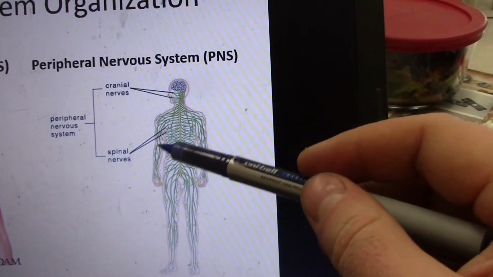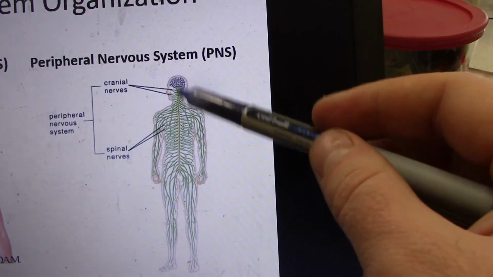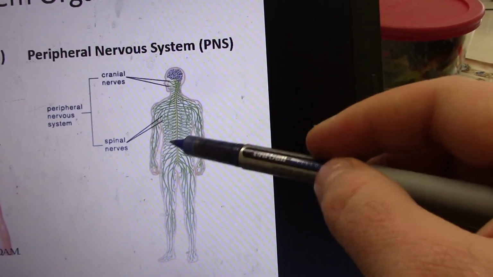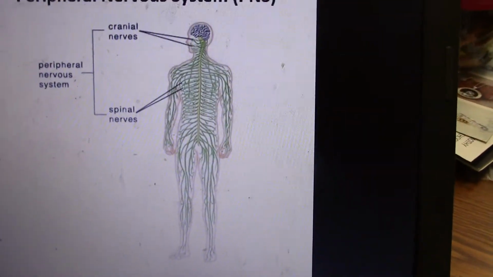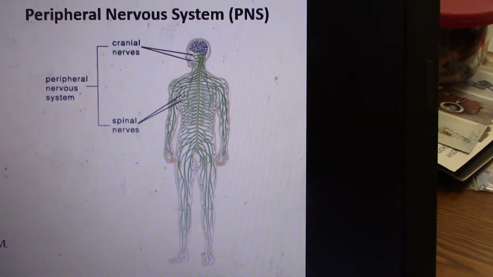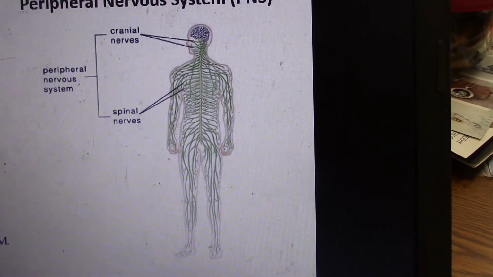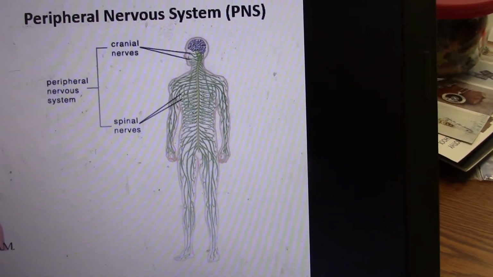So there are signals coming into the central nervous system from your peripheral nerves, and then the central nervous system is sending out responses through the peripheral nerves to your extremities. So this human nervous system is the most complex nervous system in the entire animal kingdom because of the amount of peripheral nerves that we have and the complexity of our central nervous system, more specifically the brain.